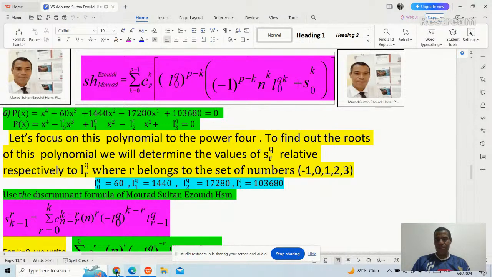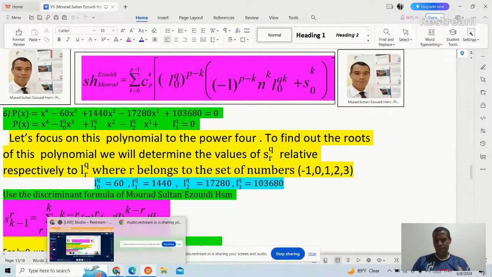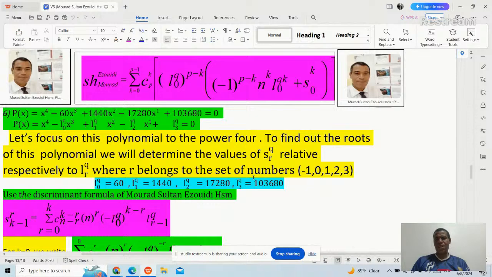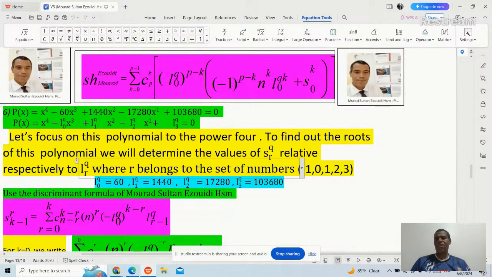So learners, as we told before, this is a polynomial to the power 4, simply because the highest power here is 4. Let's first find the roots of this polynomial. We should determine the value of S_r of omega to the k. This k can be varied, meaning it can be changed to 1, 2, 3, and 4.